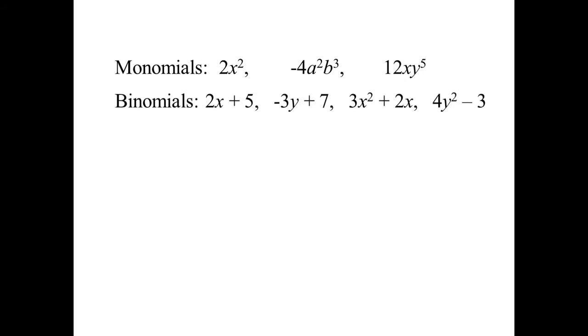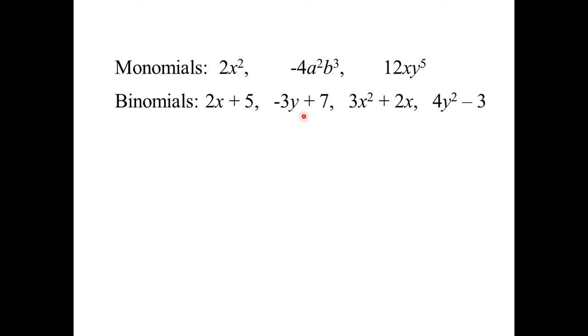Our next ones are called binomials, and that's actually going to be one of the more common ones that we're going to be dealing with in a section or two. They are called binomials, just like if you had a bicycle with two wheels. You've got two parts here. If you notice, you've got a variable part, a plus sign, and then a number part. So it's two ideas.